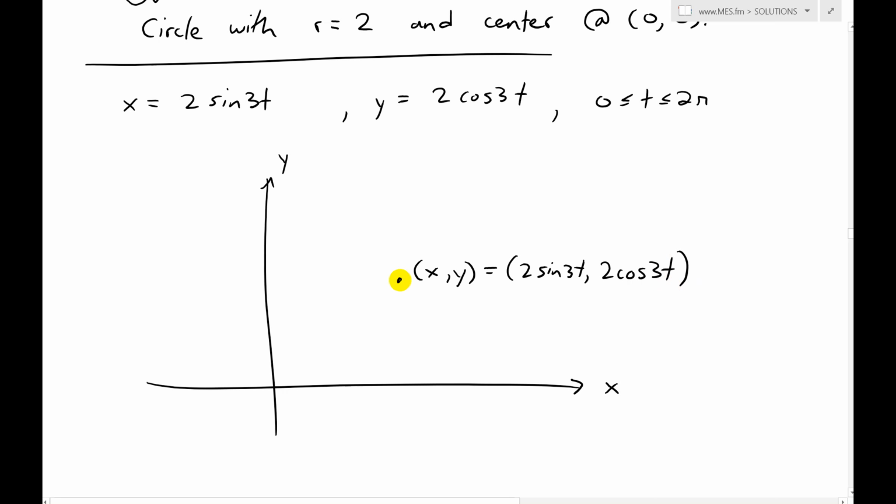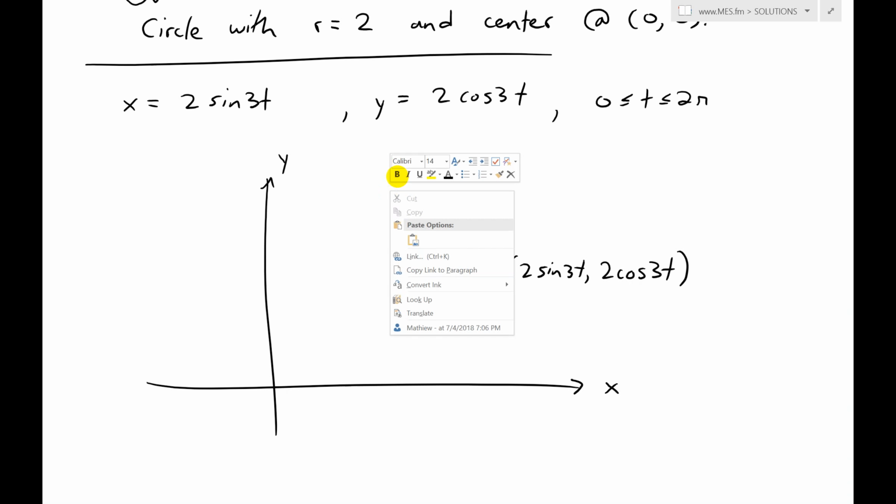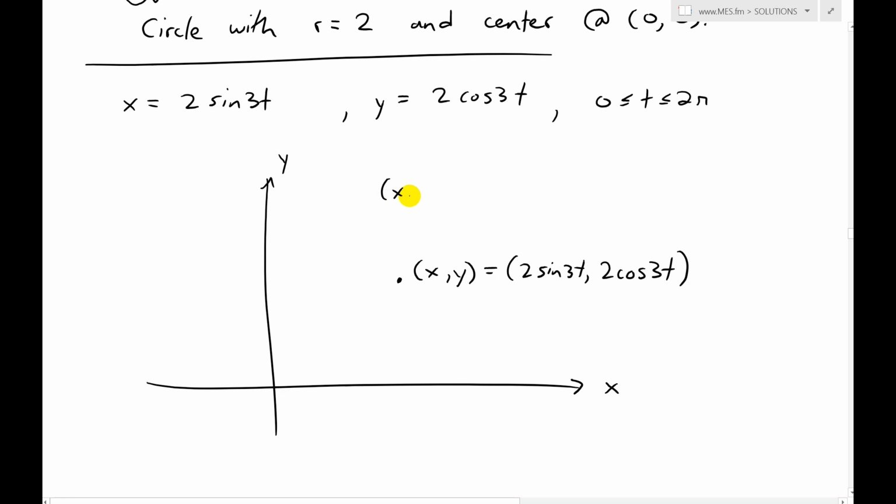Alright, but also I want to note, let's see where the starting point is at t equals 0. Let's write the coordinates x and y at t equals 0. This becomes 2 sine 0 and 2 cos 0.